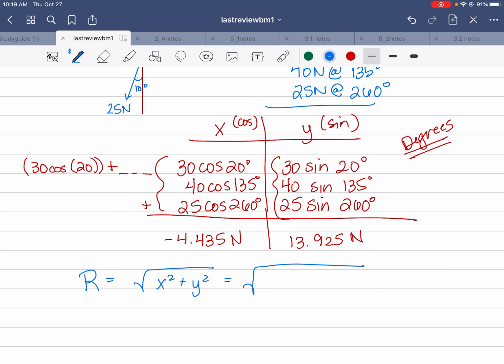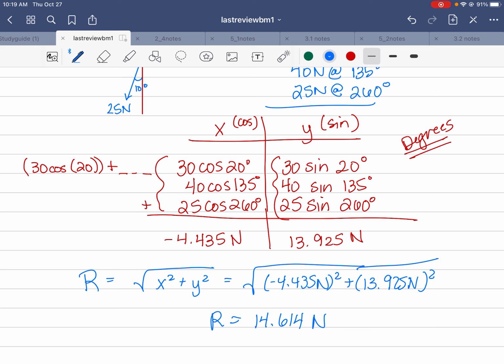So in this case, it's going to be negative 4.435 newtons squared plus 13.925 newtons squared. And you should end up with a resultant of 14.614 newtons.